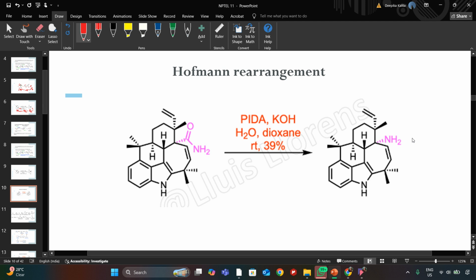Okay, so this reaction is following the Hoffman rearrangement reaction mechanism. Let us see how a typical Hoffman rearrangement reaction takes place, and then we are going to go into the detailed mechanism of this particular reaction in presence of PIDA.